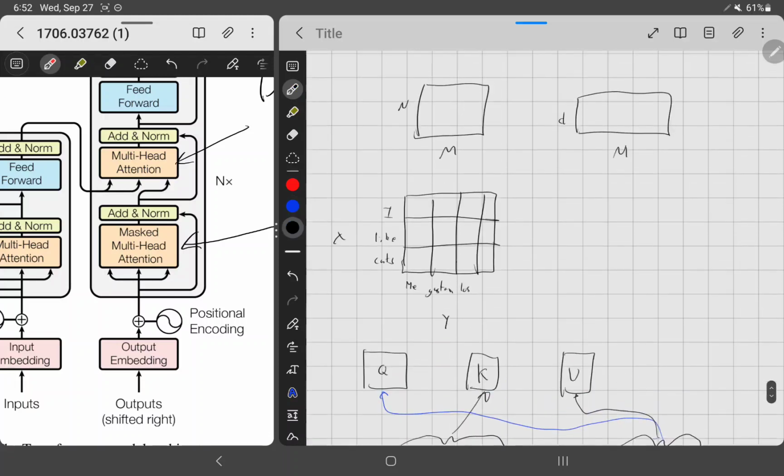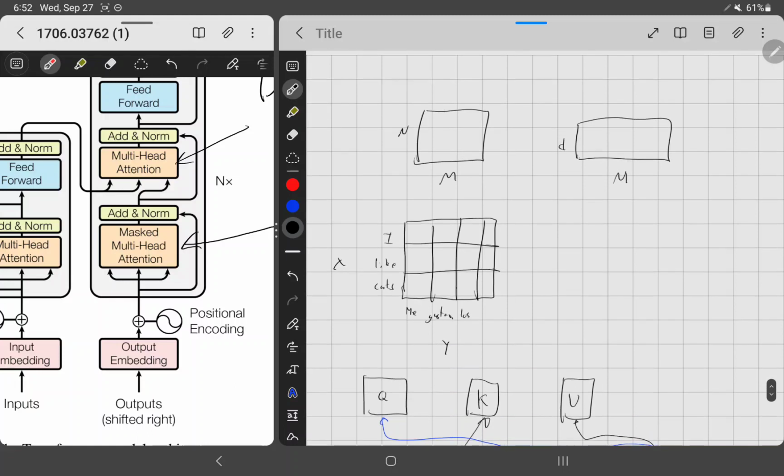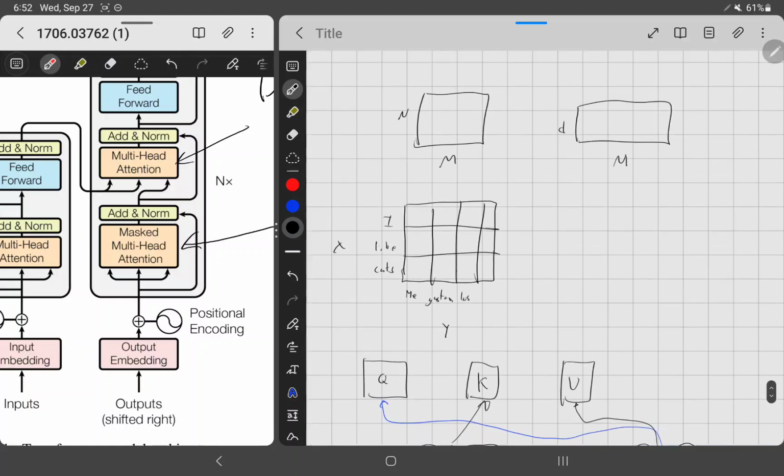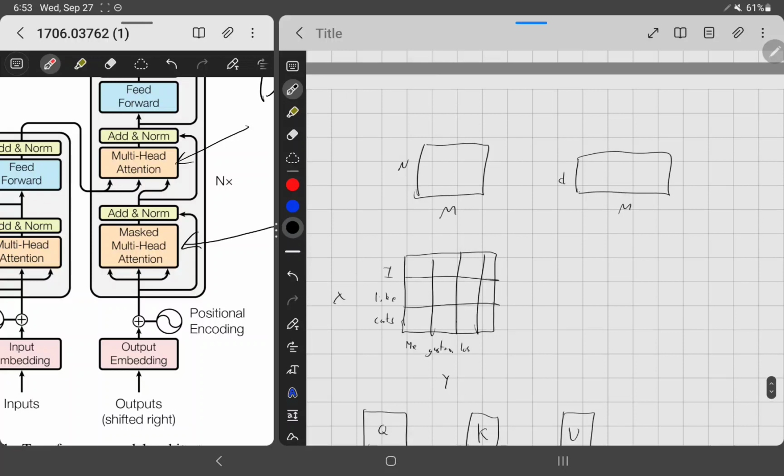I always forget the order, but your values, which are your Spanish sequence, which you're trying to decode, would be multiplied by your attention matrix, which just is a new linear combination of your tokens. So all you're doing is routing information from the English sequence to the Spanish sequence, and it's just informing the Spanish sequence what to do next.